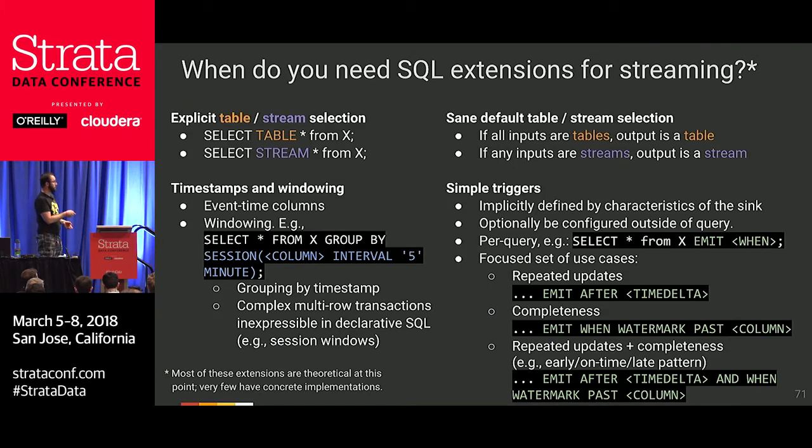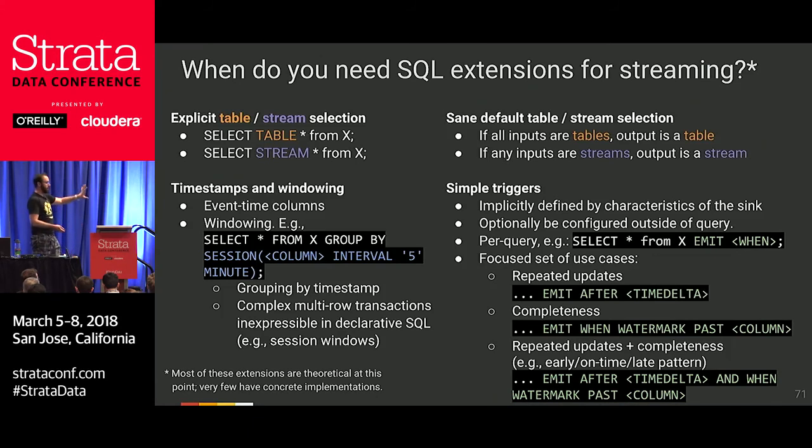And so in that case, it's useful to have windowing extensions like session that let you say, here's a data set, turn these into session windows for me. And it can do all the complex math and multi-row transactions under the covers to make it happen. So Apache Calcite, the Apache SQL parser, has windowing extensions added by folks in the Flink community for fixed, sliding, and session windows. I think they call them tumble, hop, and session.